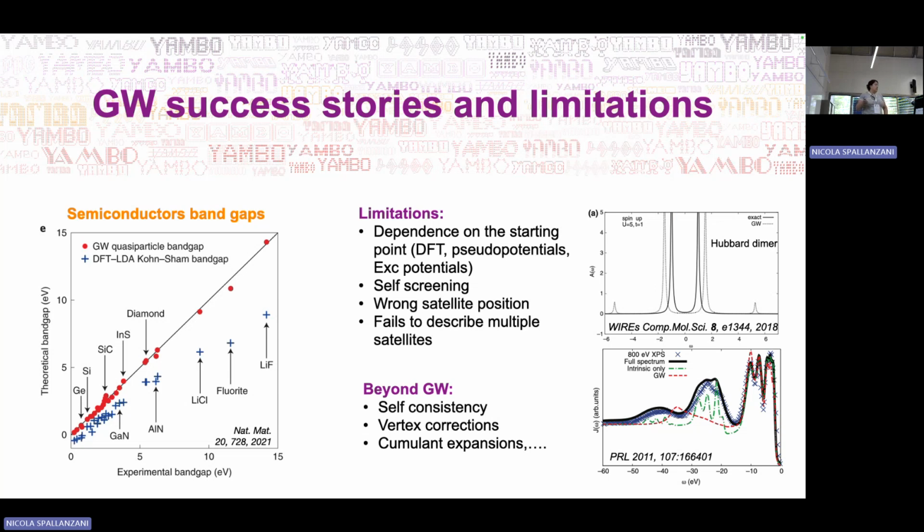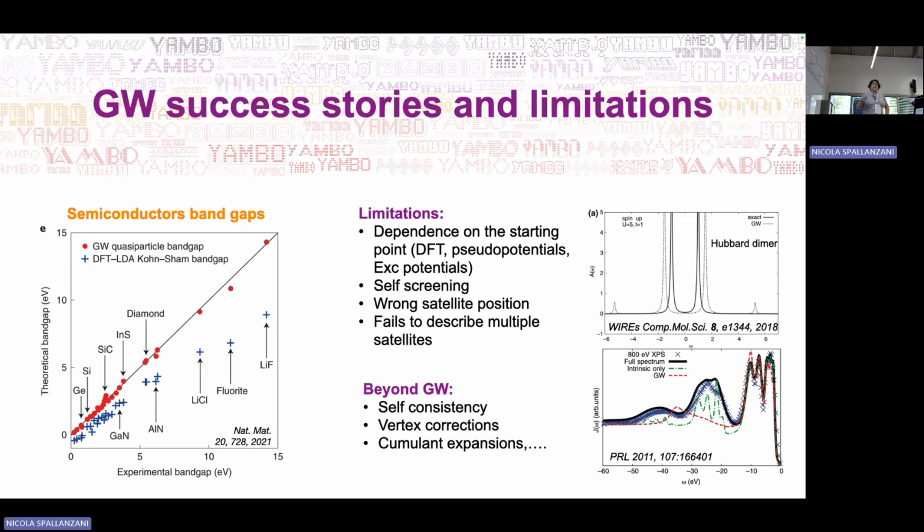It depends on the exchange correlation potentials. For instance, if you have a material that is described with one exchange and correlation potential as a conductor, and by another potential it gives you a semiconductor, then probably the GW calculation will not correctly distinguish between the two cases.